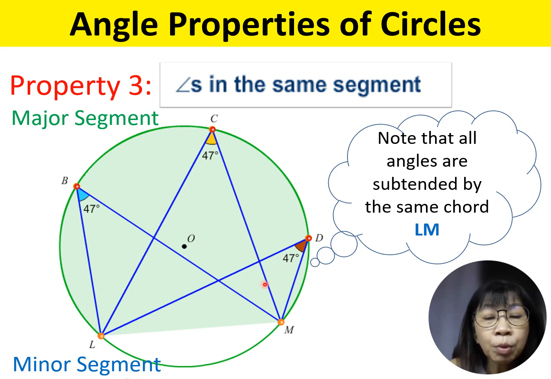To apply this property, the important pointer to take note of is that all the angles must be from the same chord. If the angles are not from the same chord, you will not be able to apply this property, angles in the same segment. They must be from the same chord.